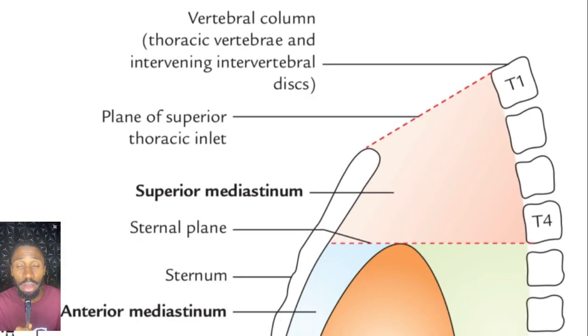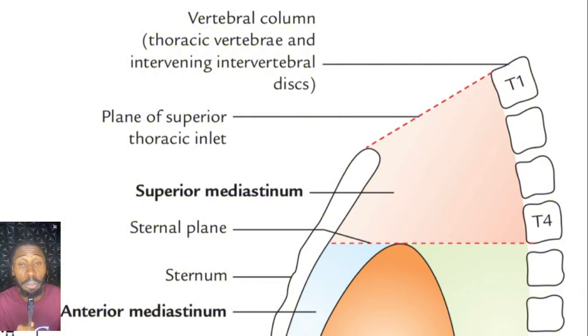So first of all, what are the boundaries of the superior mediastinum? Superiorly, it is the superior thoracic aperture or the superior thoracic inlet. Inferiorly, it is the transverse thoracic line joining the angle of Lewis to the intervertebral disc between T4 and T5.